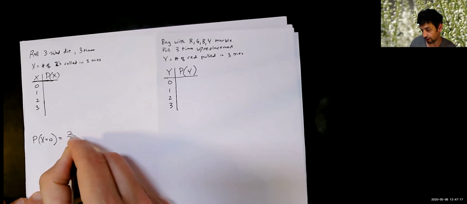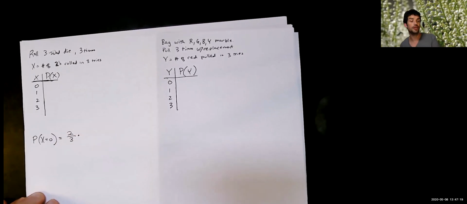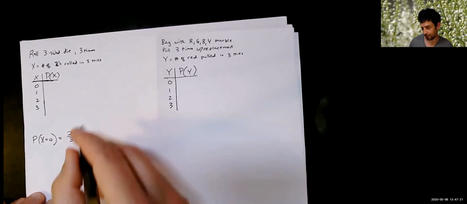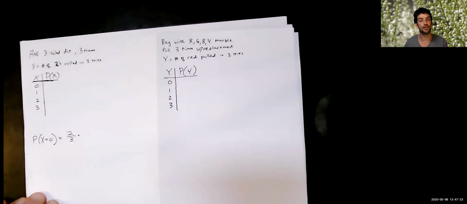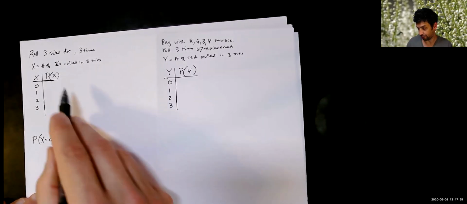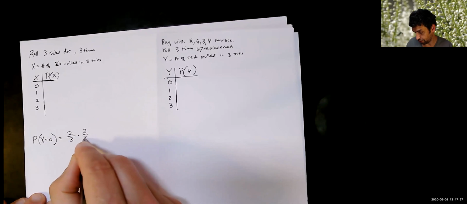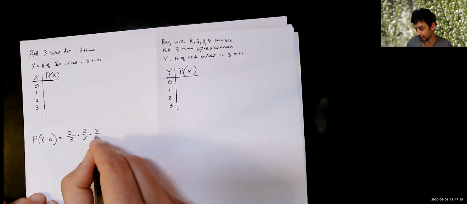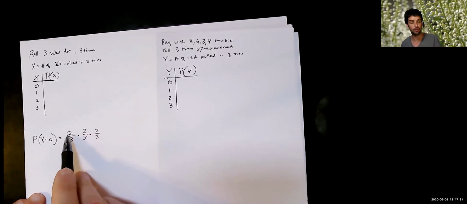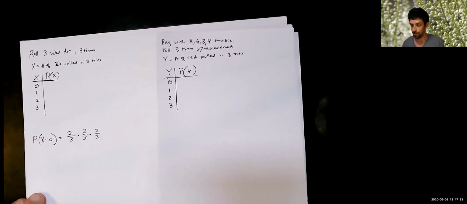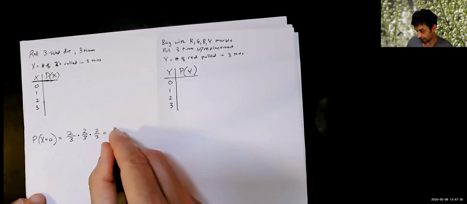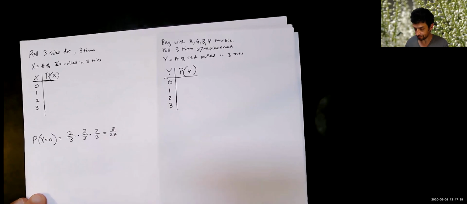In other words, 2 out of 3 chances, right? There's 2 non-2 values, not rolling a 2, pardon me. There's 2 not 2 values the second time and 2 not 2 values the third time, right? So it's rolling a 1 or a 3, a 1 or a 3, a 1 or a 3. And we get 8 out of 27.